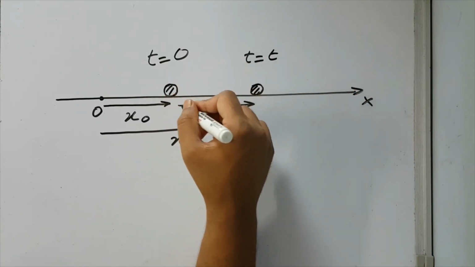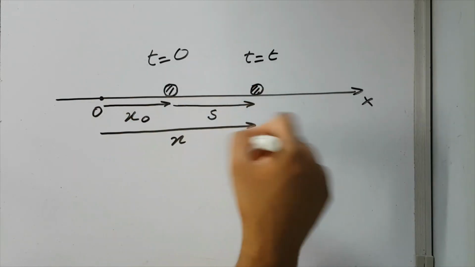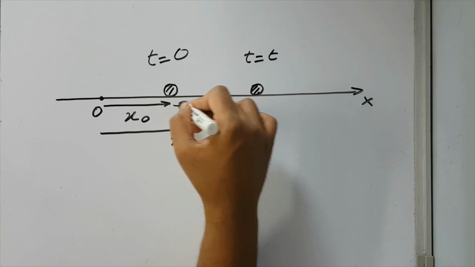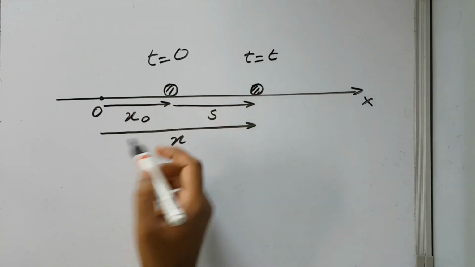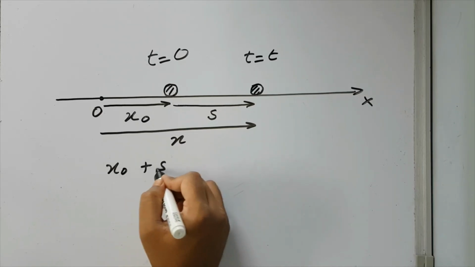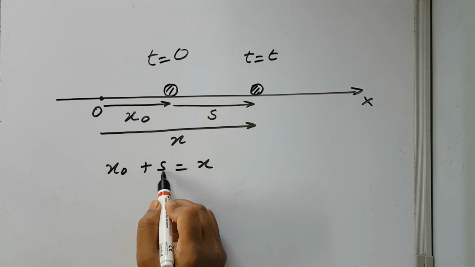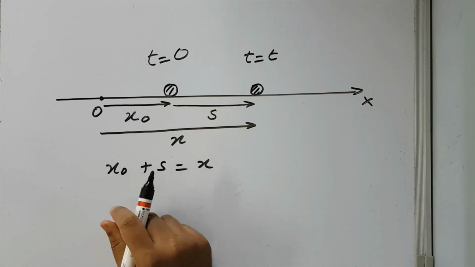So all we could say right now, using this information, is that the displacement of the particle is s, and x naught plus s is equal to x. This is basically initial position plus displacement gives you the final position.